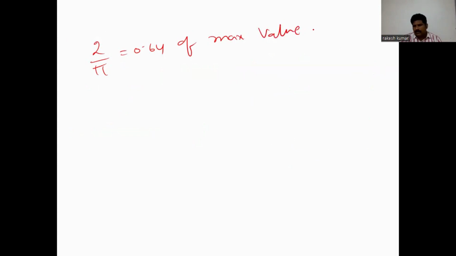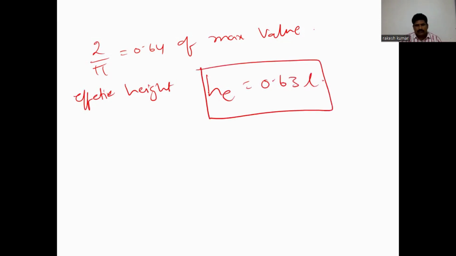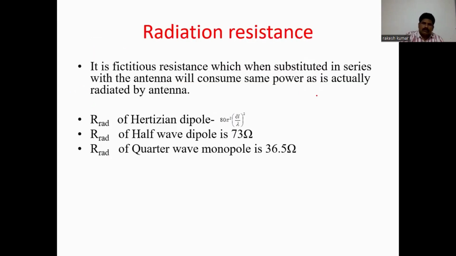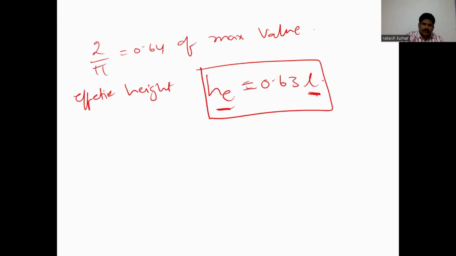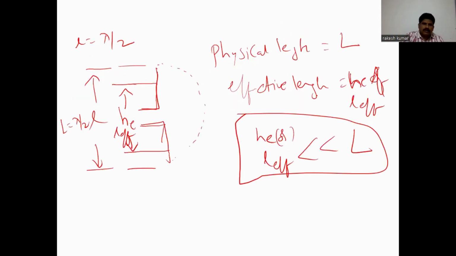Therefore, the effective height H_e is equal to 0.63 times the physical length.